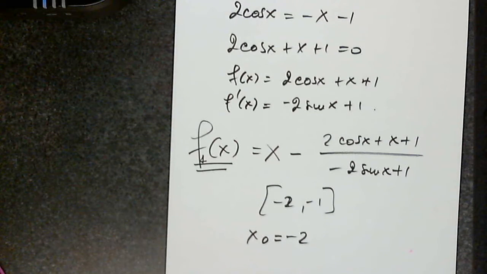So when I put this in the graphing calculator, in y equals, my function would be x minus, in parentheses, 2 cosine x plus x plus 1, close the parenthesis, and divided by -2 sine x plus 1.